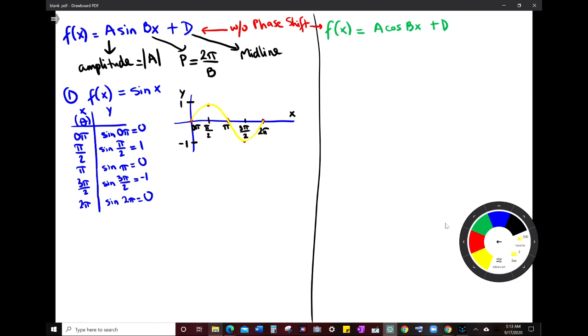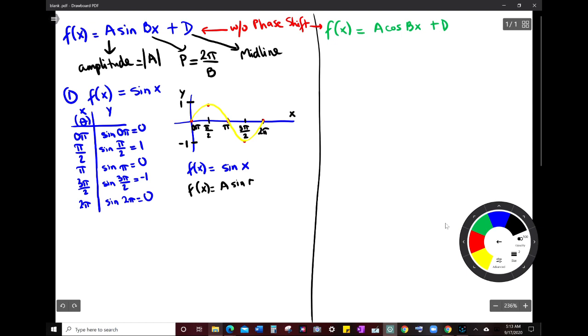Now how we do it the shortcut based on the formula. So if I rewrite this one, my f of x equals sine x, and right underneath it I write the formula f of x equals a sine bx plus d.